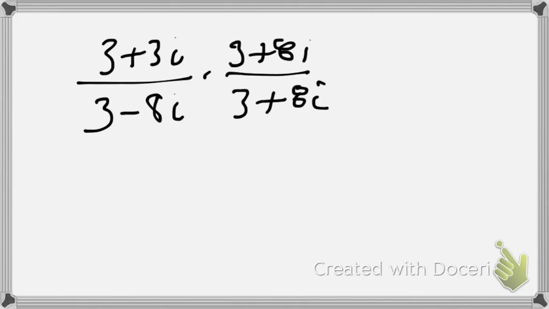So the complex conjugate, it's just the sign between the real and imaginary part that switches. Everything else stays the same.